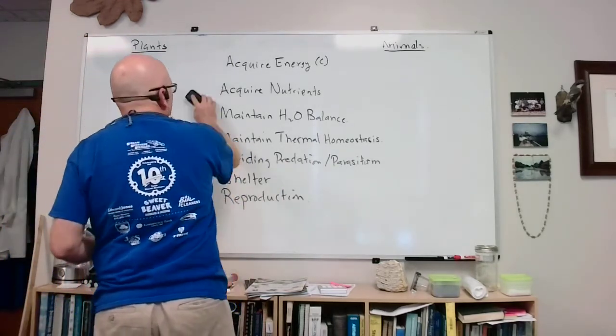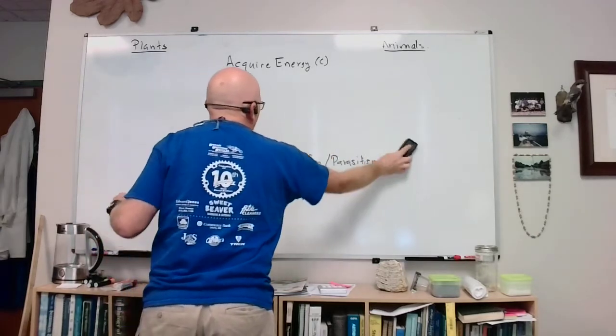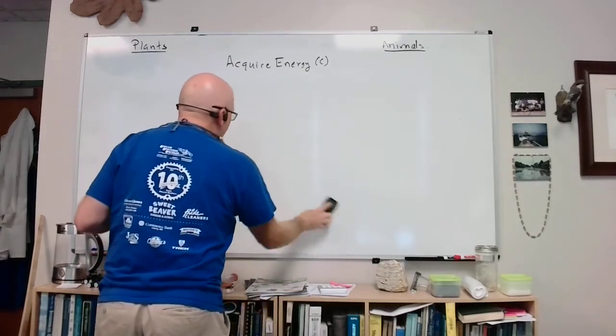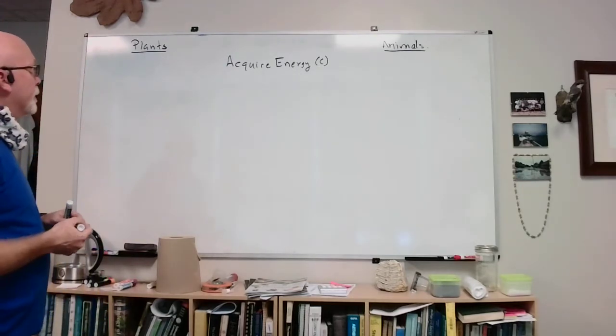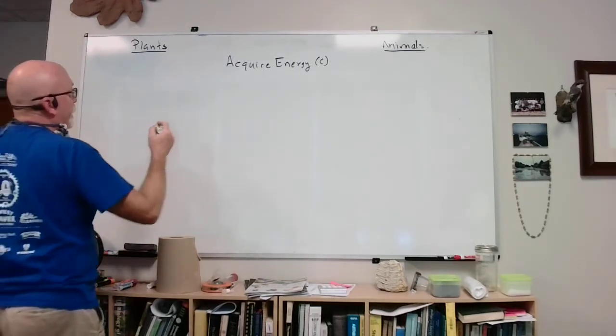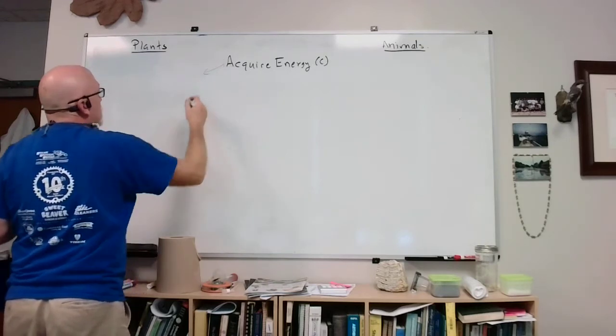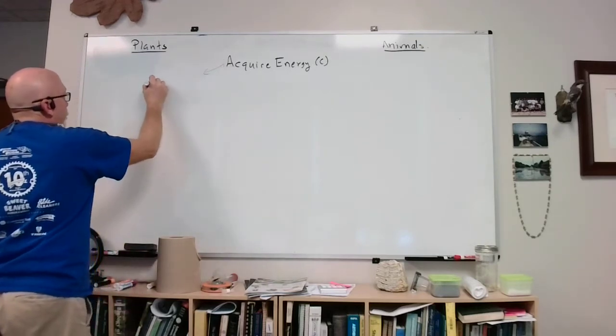So let's just stick with acquiring energy. You're going to ultimately do this for all 7 of these as a group, but let's start with acquiring energy. Well, on the plant side of things, plants generally acquire energy through photosynthesis.